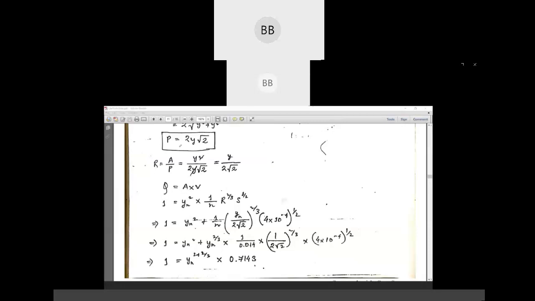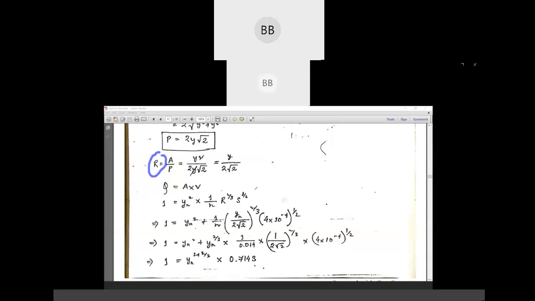Then we need to find out the R. R is nothing but area by weighted perimeter. Area, we got the expression y square, divided by twice y root over 2. So this y will be cancelled out, and we are left with y by 2 root 2.